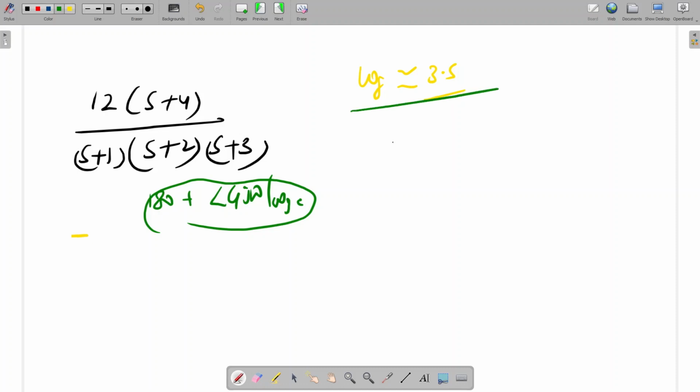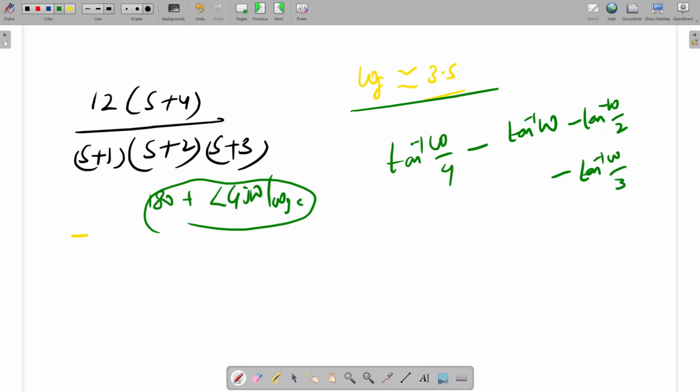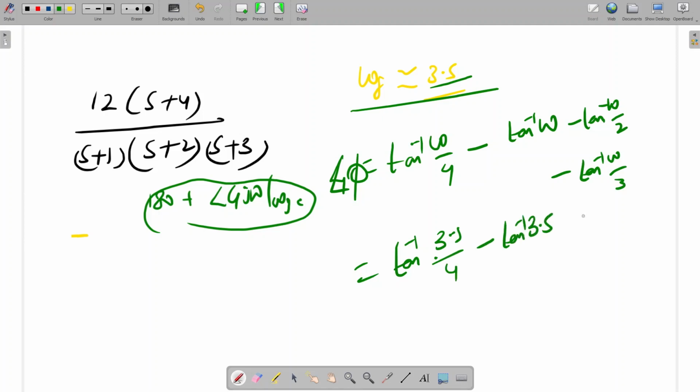First I'm finding the angle. The angle will be tan inverse omega by 4 minus tan inverse omega minus tan inverse omega by 2 minus tan inverse omega by 3. So we put the values: tan inverse 3.5 by 4 minus tan inverse 3.5 minus tan inverse 3.5 by 2 minus tan inverse 3.5 by 3.